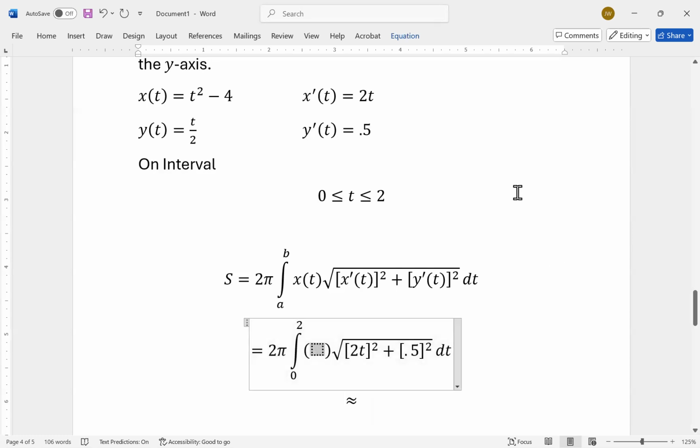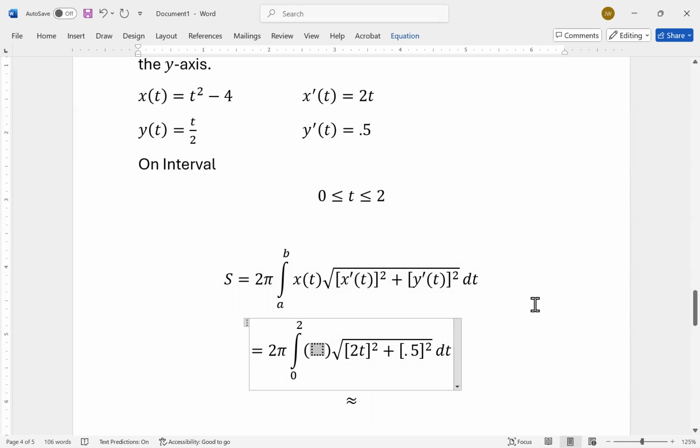When I plug this in, the only change from the last problem is going to be the function I multiply out front. So when I set my integration up, I integrate from a to b, x of t, square root of derivative of x with respect to t squared plus derivative of y with respect to t squared, integrated with respect to t, and then multiply by 2 pi. Be careful here.